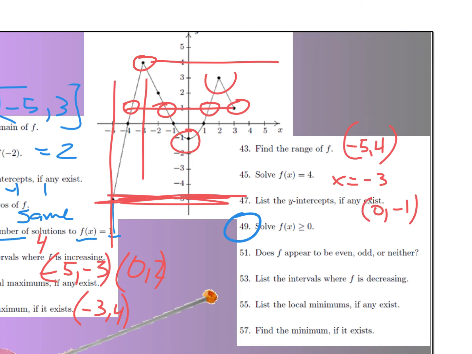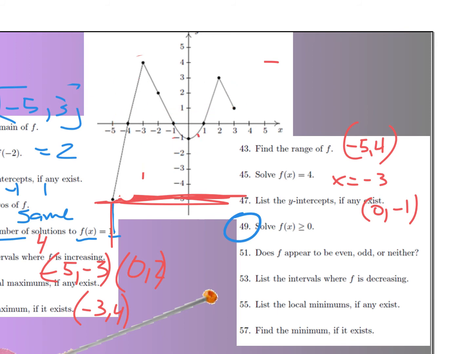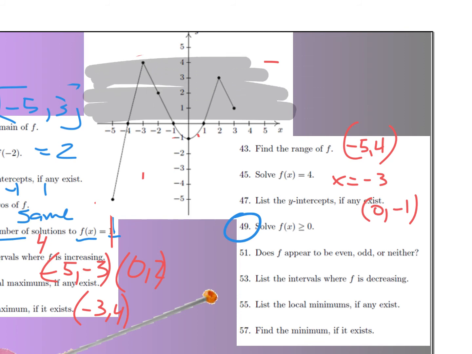Where is the function greater or equal to 0? I like to do it this way. Here's where the function is above 0 when you're in this zone. And this is where it's equal to 0, and it's right on that line. Okay, so where is it above 0? Well, from here to here it is.